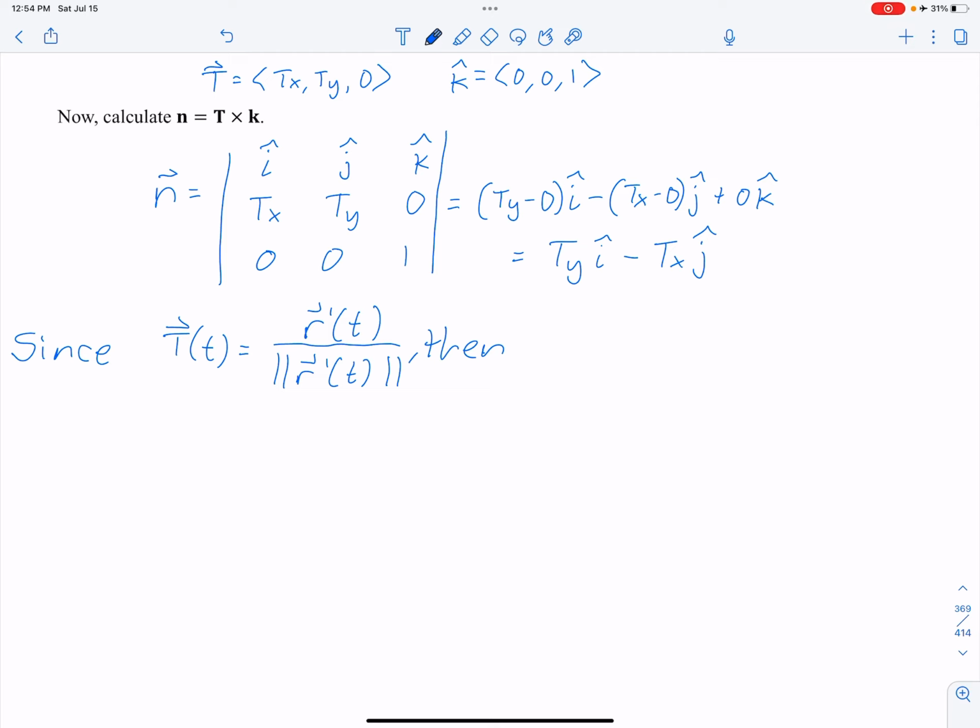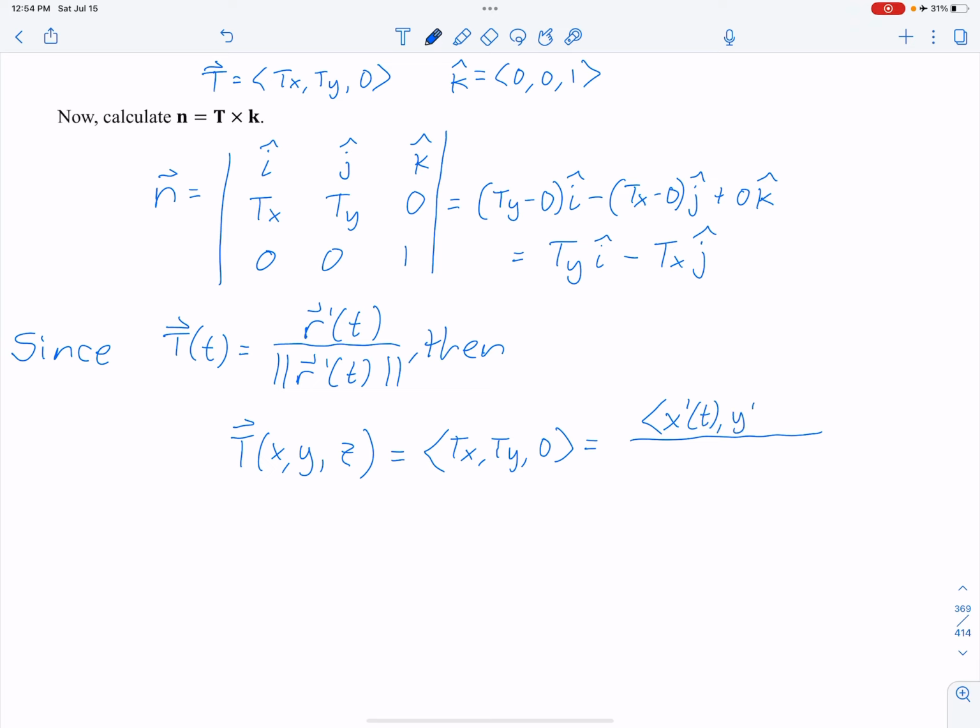Then the tangent unit vector is equal to tx, ty, 0, and we're going to rewrite this using the definition: x prime of t, y prime of t, 0, all over the magnitude of r prime of t.